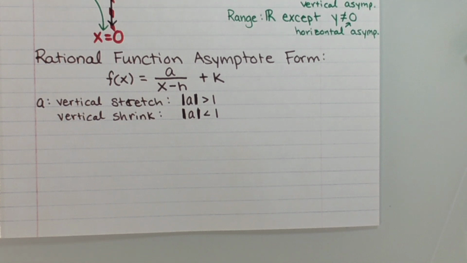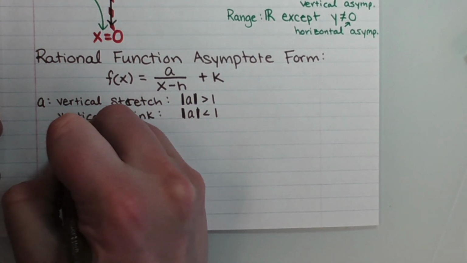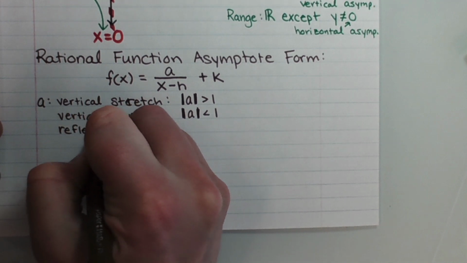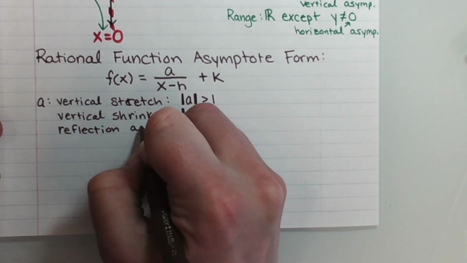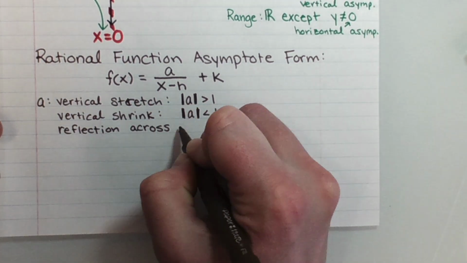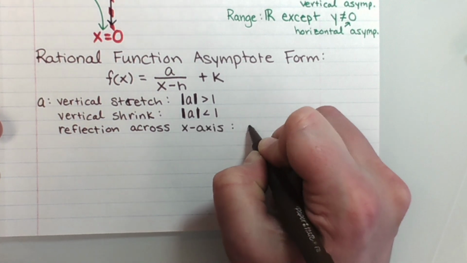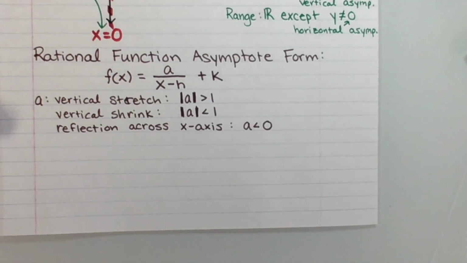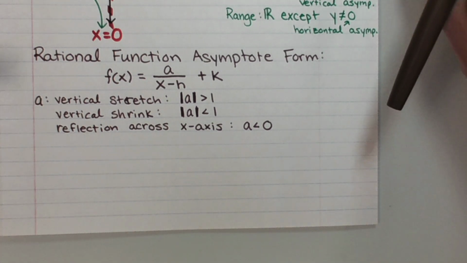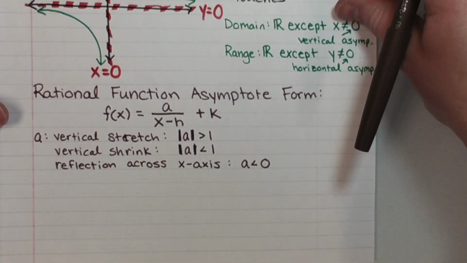Because what does a negative a do? It flips it. It does a reflection specifically. Across which axis? Yes, the x-axis. When a is negative, it flips it over the x-axis. I'm going to come back to this.